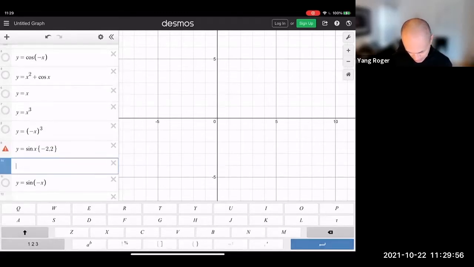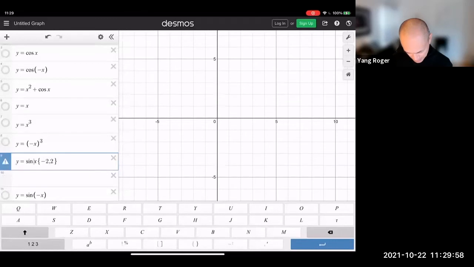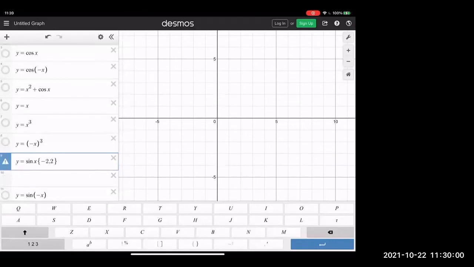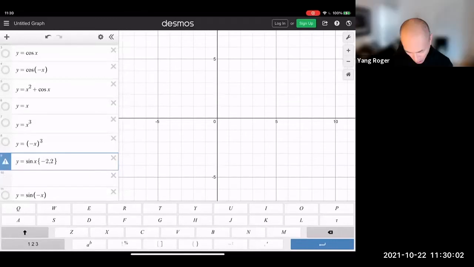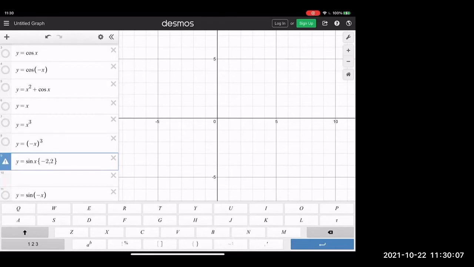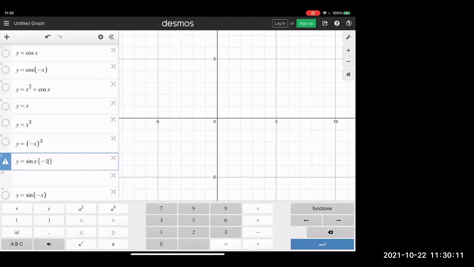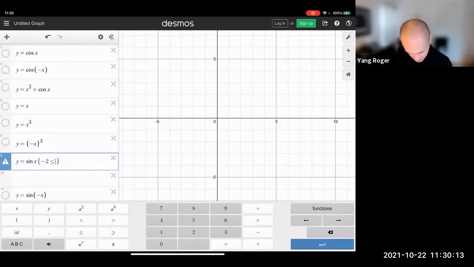Oh, not interval notation. Got it. Thank you. Appreciate it. Okay. This thing with an x in there, I guess. Oh, it's going to work. Perfect.